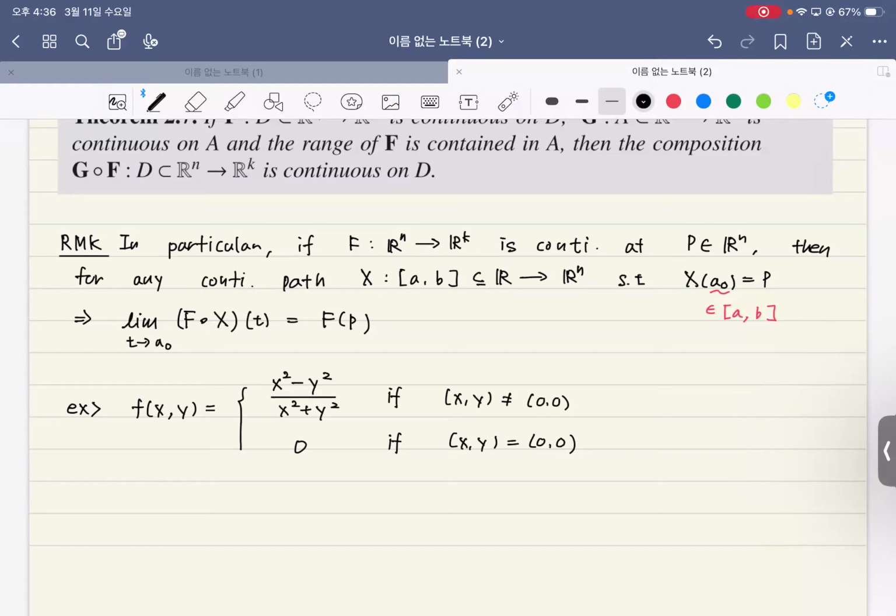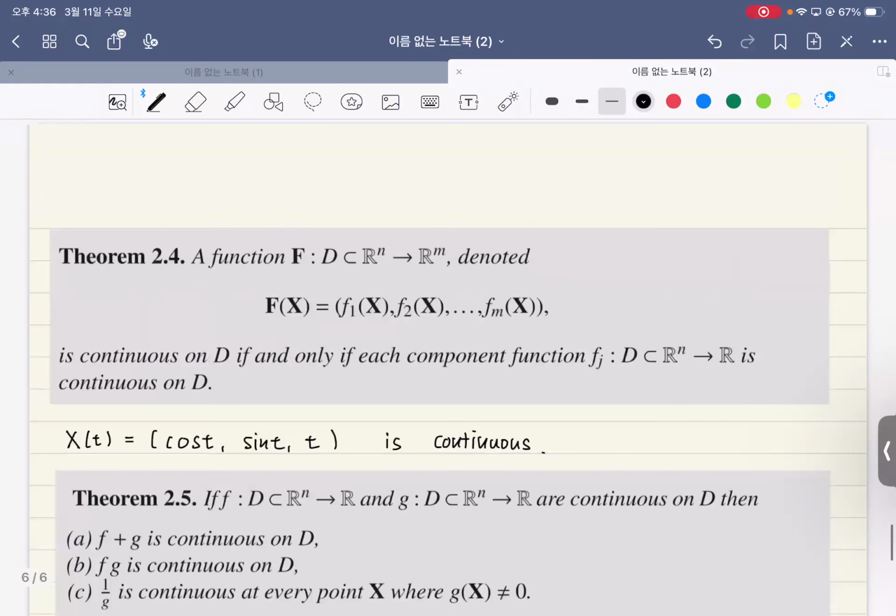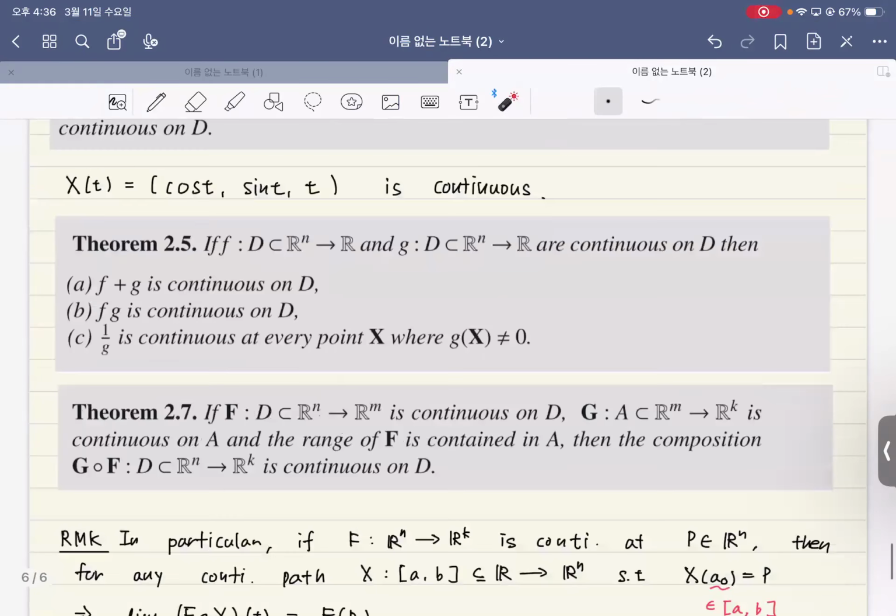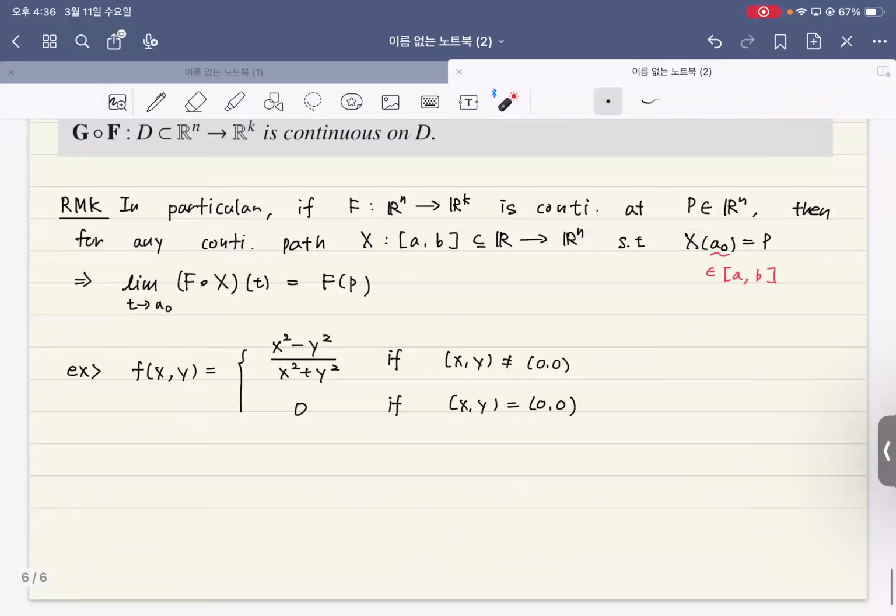So this is a function from R2 to R, a real valued function. And other than the origin, I am pretty sure that this function must be continuous, right? Because this is just polynomial over polynomial. So because of this theorem, we know this function is continuous for all x's other than the origin.